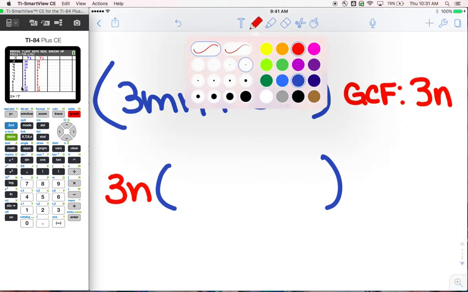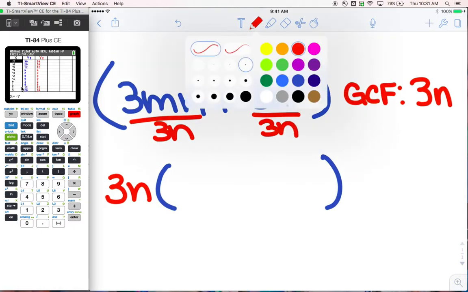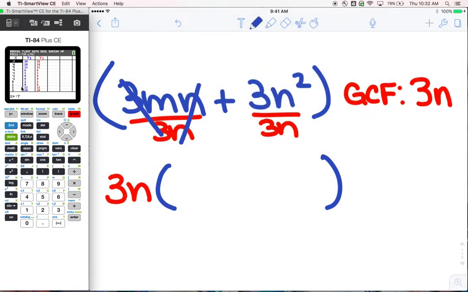To figure out the leftovers, just like the last 3 problems, we're going to divide by the GCF, so we're dividing by 3n. My 3's cancel, and my n's cancel, so I'm left with m, plus my 3's cancel, and then n squared divided by n is just n to the first power, which is just n. There we go.